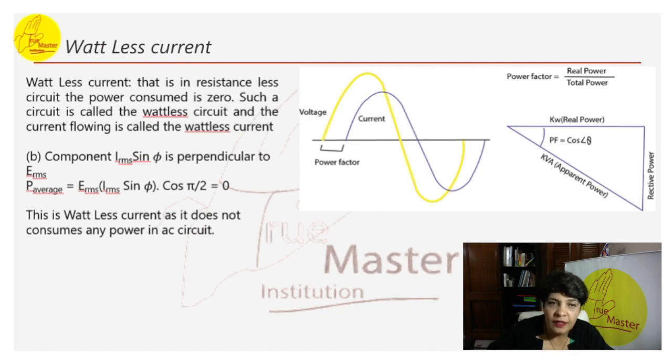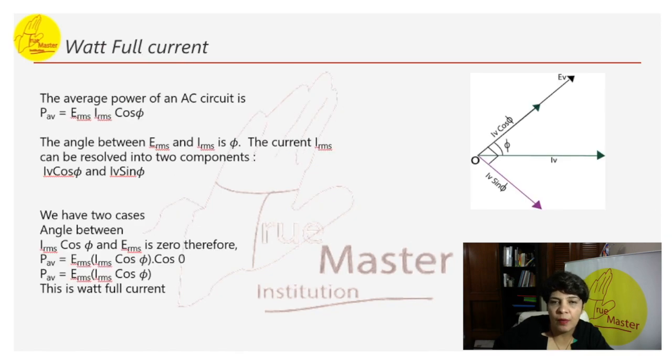So we take the power formula E into I cos phi, where the angle is pi by 2, that is 90 degree between E and I.